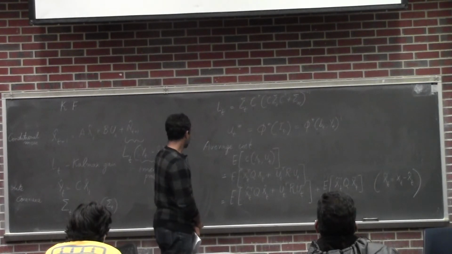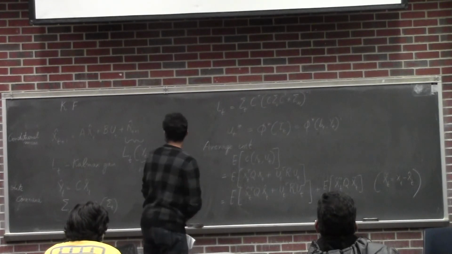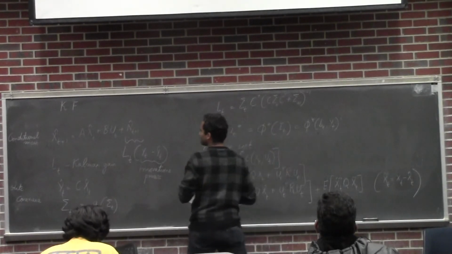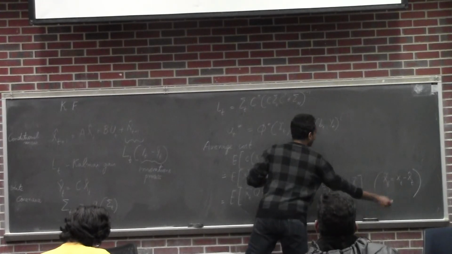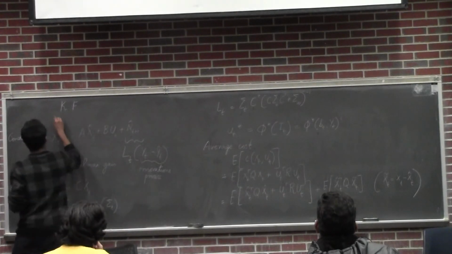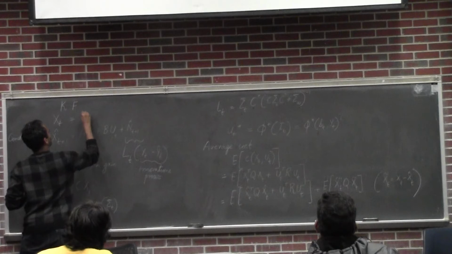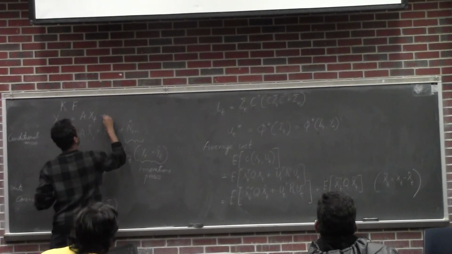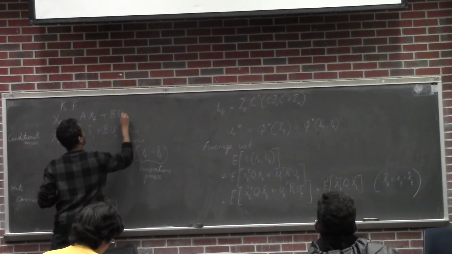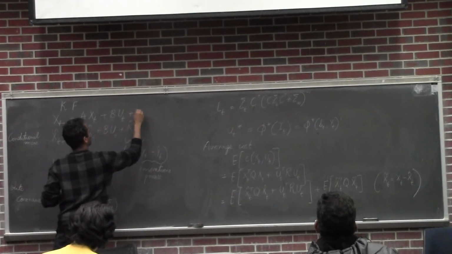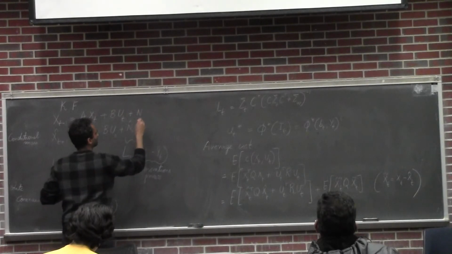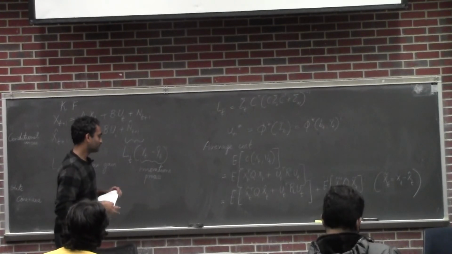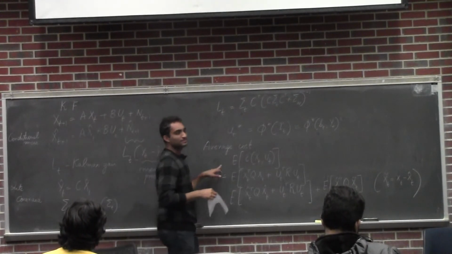So what happens now is, I think I need the expression for x_t and x_t hat side by side so you can see it. What are you trying to minimize it with respect to?